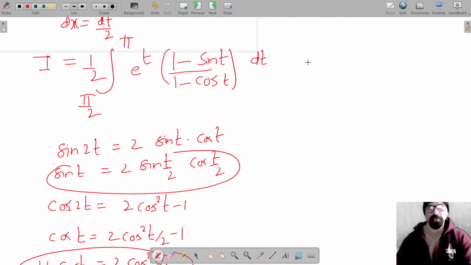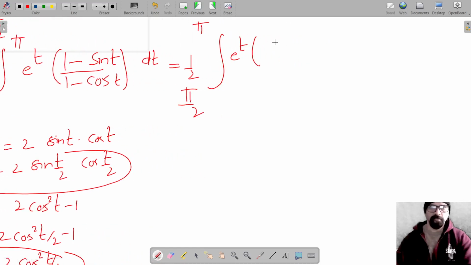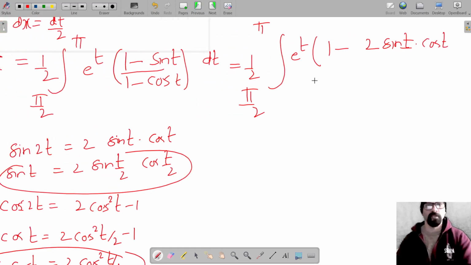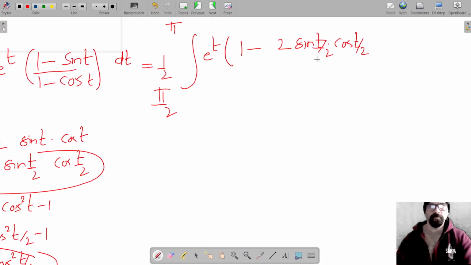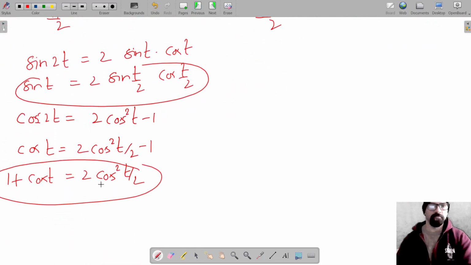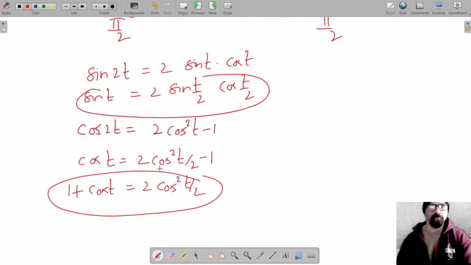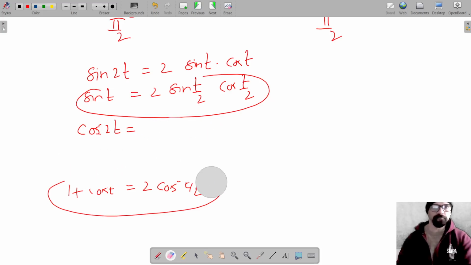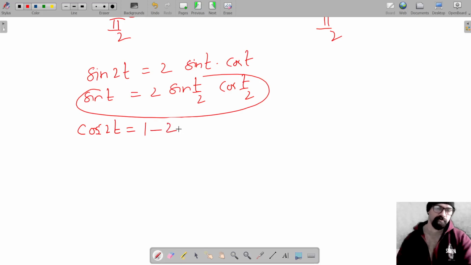So our integral now becomes half integration from pi by 2 to pi of e raised power t, and here I can write 1 minus 2 sine t by 2 cos t by 2, and for 1 minus cos t, let's take the other form, 1 minus 2 sine square t by 2. So cos t is equal to 1 minus 2 sine square t by 2.